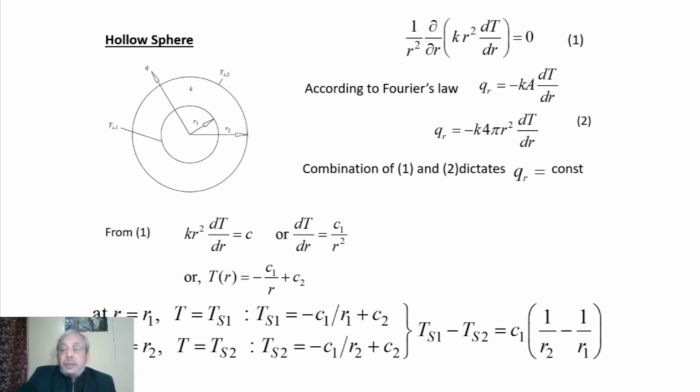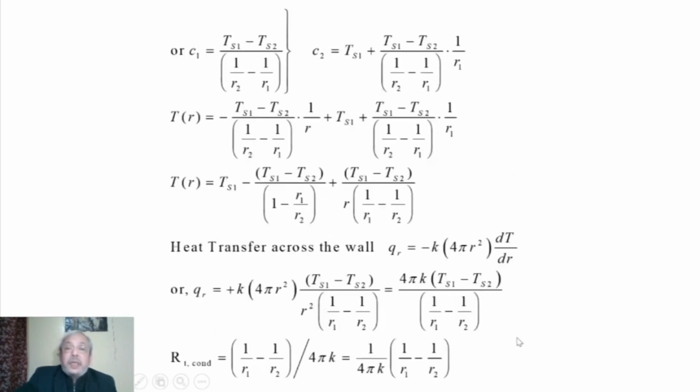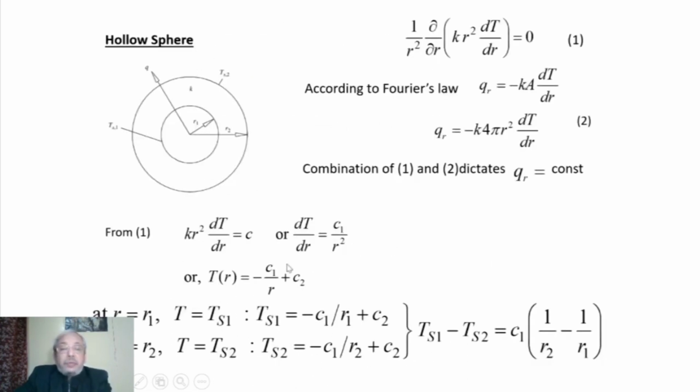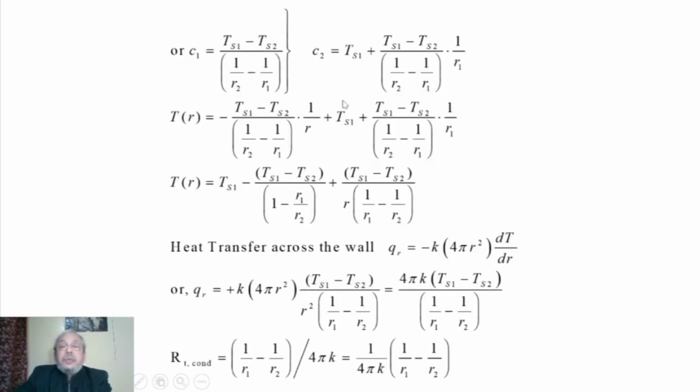So C1 equals (Ts1 minus Ts2) divided by (1 by R2 minus 1 by R1). Having found C1, our remaining task is to find C2. So C2 becomes Ts1 plus (Ts1 minus Ts2) divided by (1 by R2 minus 1 by R1) into 1 by R1.